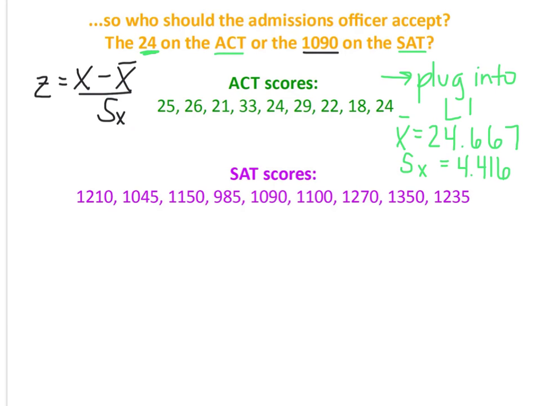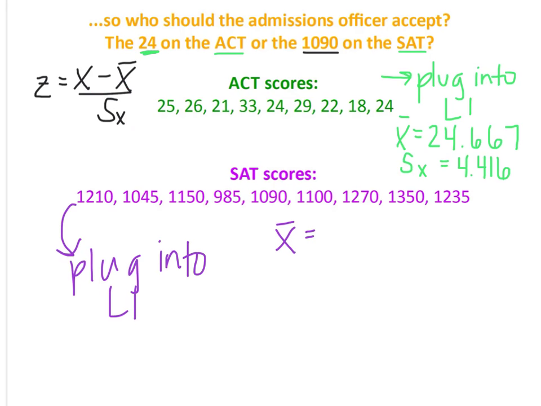Well, now I want to get that same data for my SAT scores. So now I can plug these numbers into the calculator. And when I do that, I get that the mean is 1159.444.